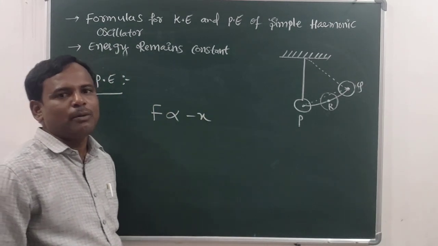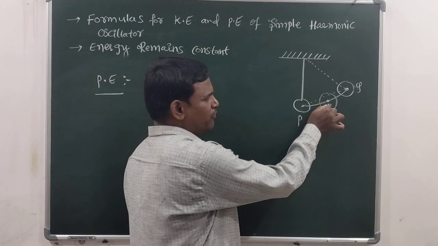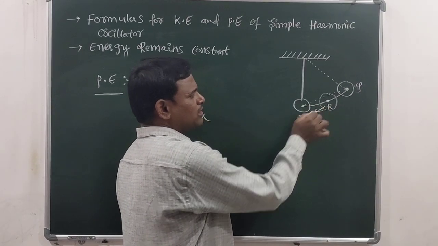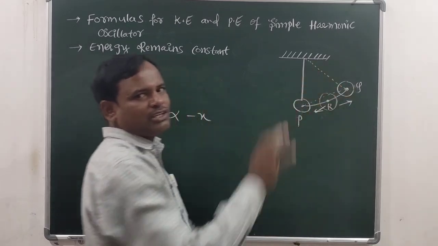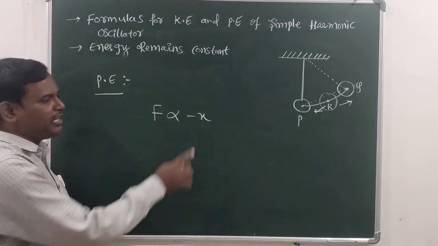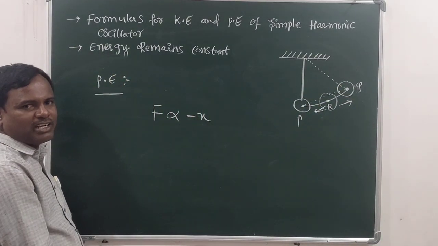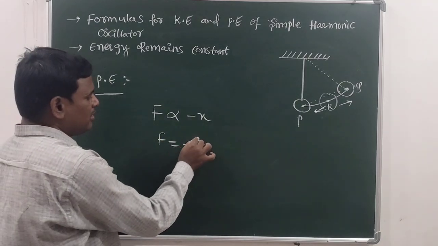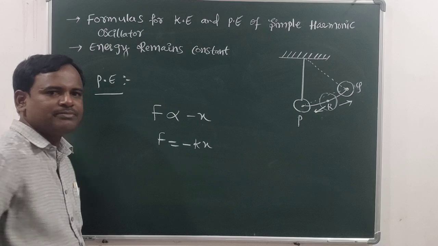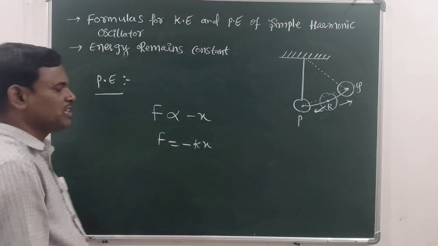So both are working in opposite directions. The restoring force will work towards the mean position, but the displacement is towards Q. Both are in opposite directions, so we got a minus sign here. If you remove the proportionality symbol, here I am adding a constant k. Okay, keep it aside.